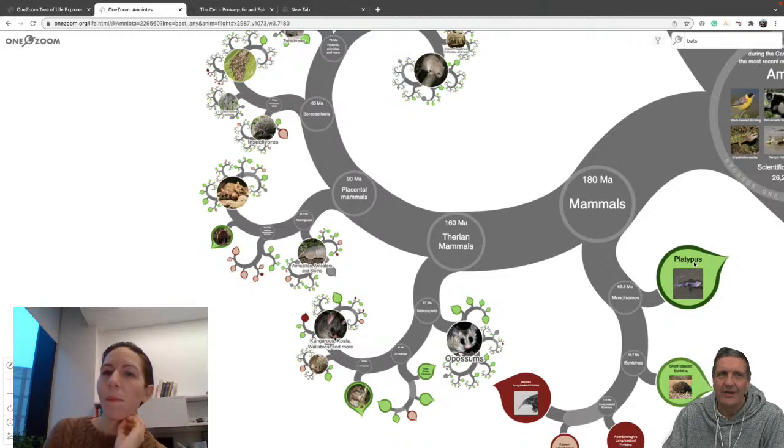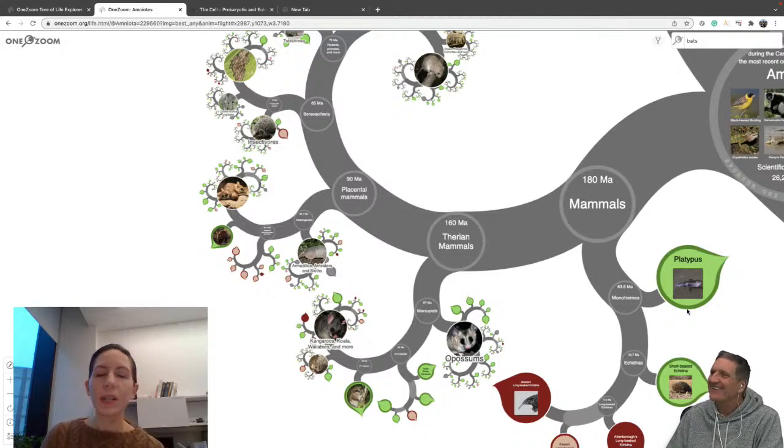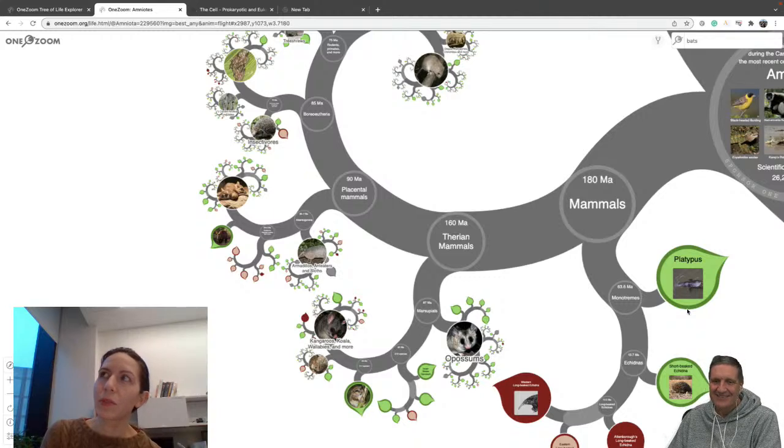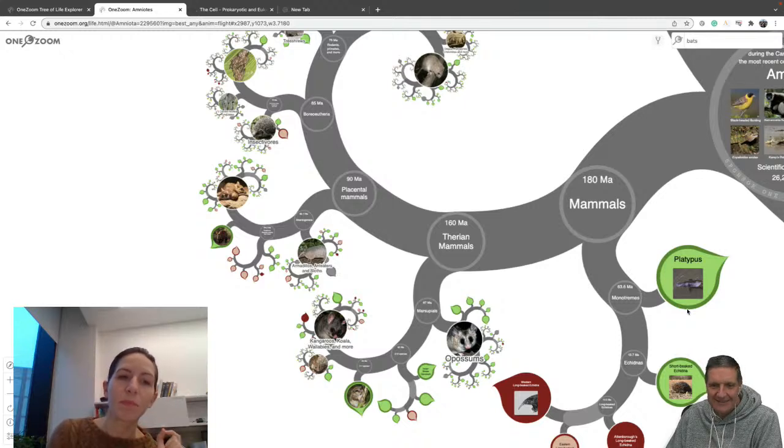It's very interesting. That's why it's often studied, because what happened there, right? People like to look at the animals that are close to the base of the branch of interest.